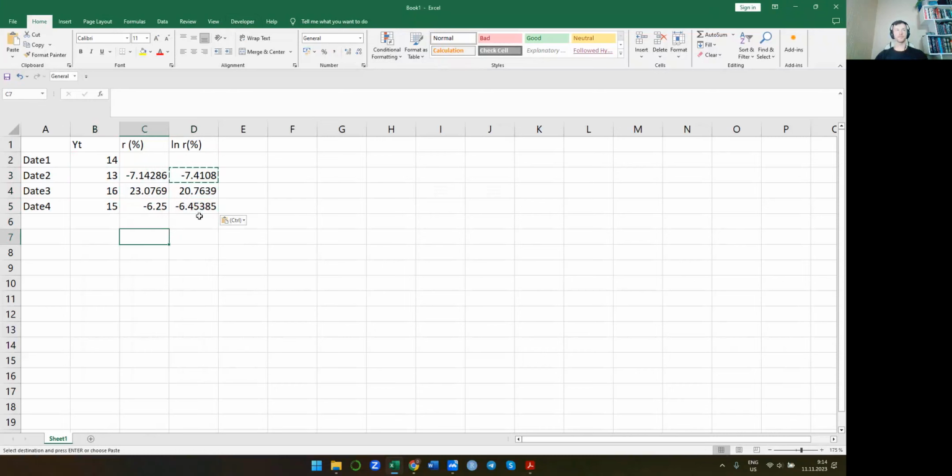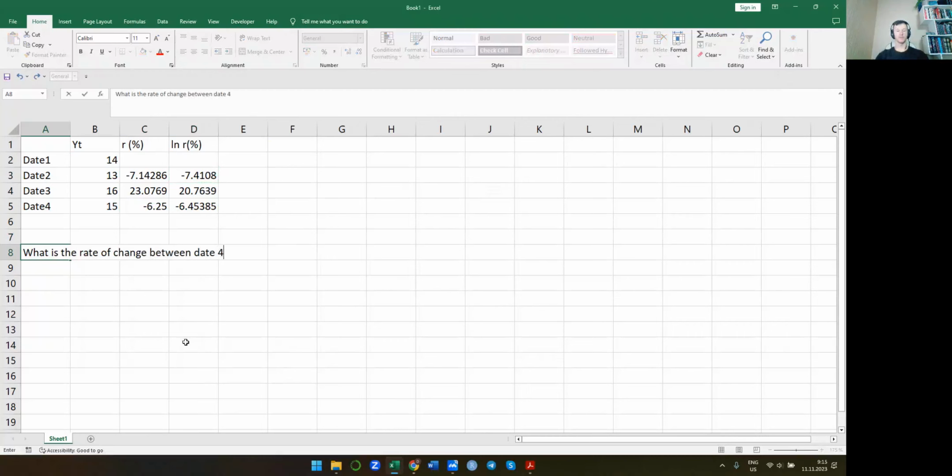But now look, suppose that I want to ask the following question. What is the rate of change between date 4 and date 1? Or vice versa, date 1 and date 4. So what should I do?